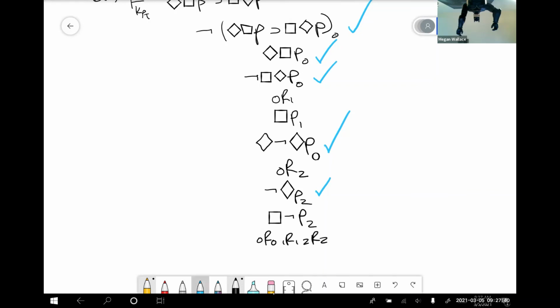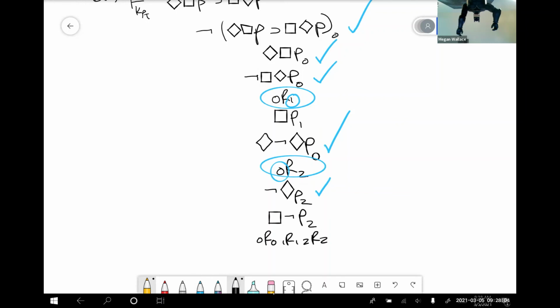Now the thing is, what we have is 0's related to 1 and 0's related to 2, but that doesn't allow us to apply transitivity. With transitivity, the world here has to match the world here, right? If 0's related to 1 and 1's related to 2, then we could conclude that 0's related to 2. But we don't have that here.